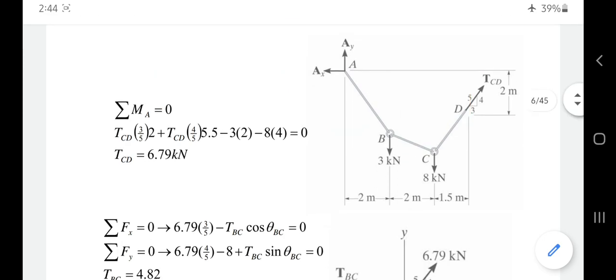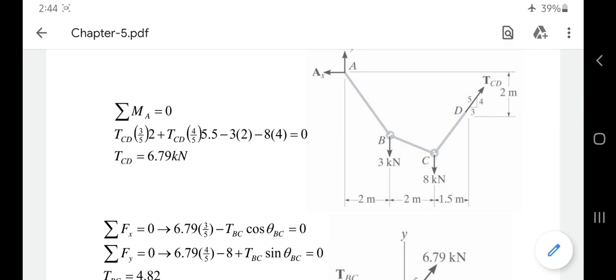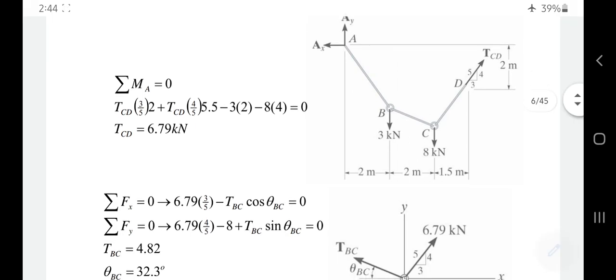Or what you can do is you can make the 3 4 5 triangle in order to make it a right angle triangle and apply the Pythagoras theorem. In either way you do, you first of all calculate the x component or the y component of the vector, that is tension in member CD, TCD.